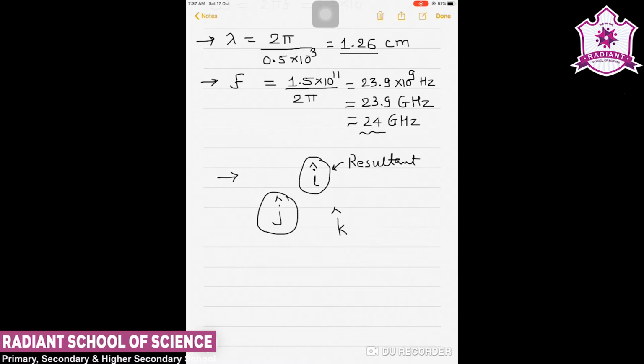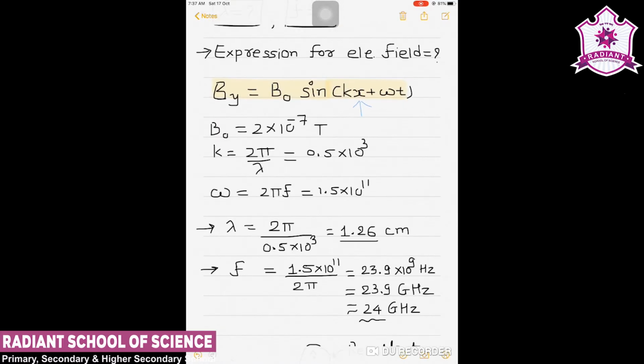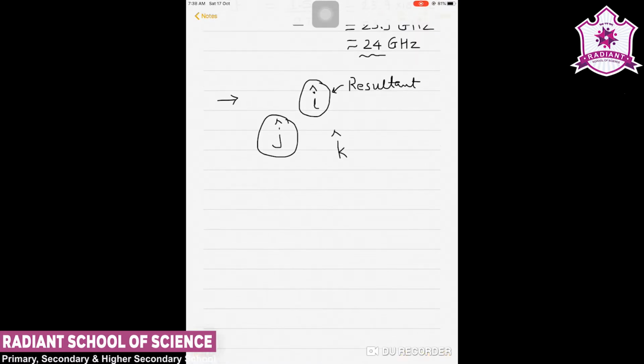So the resultant is actually indicated by negative x, because in the equation they have given a plus sign between the two terms. If it is given by a plus sign, it will follow the negative direction. So here we want the direction of the electric field.